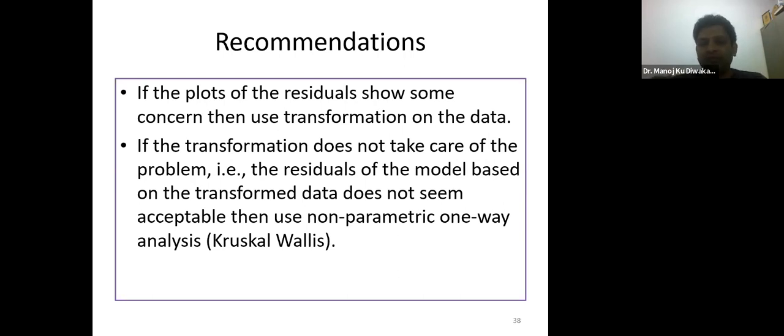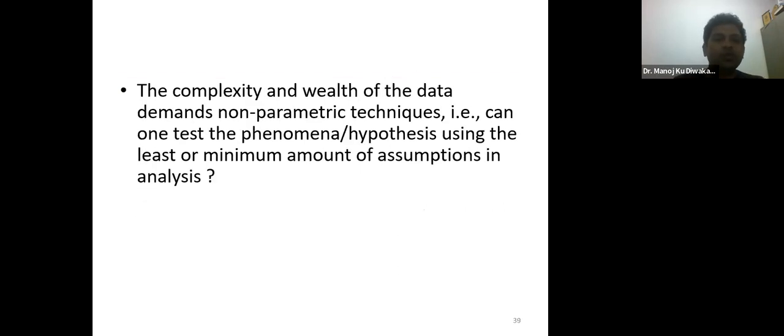Now we will talk about what the non-parametric methods are. The complexity and wealth of the data demand non-parametric techniques.